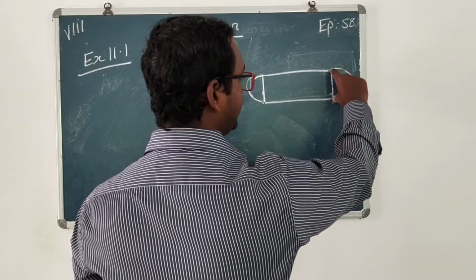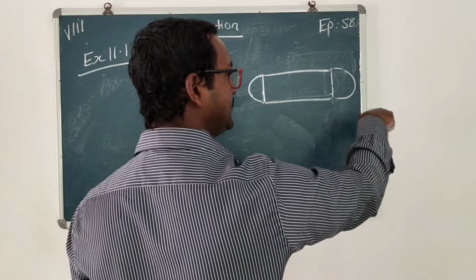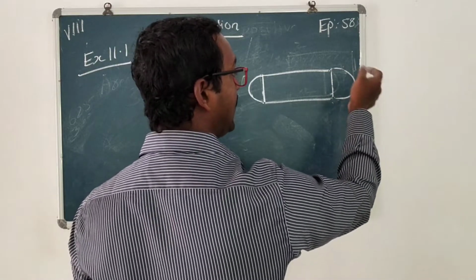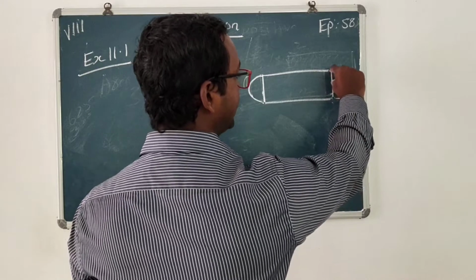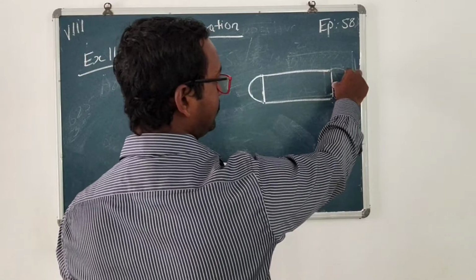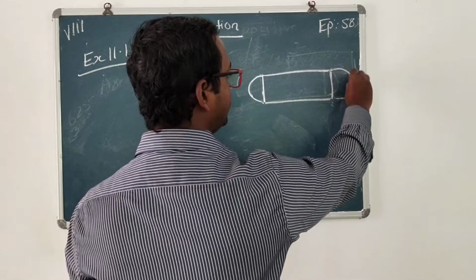So this is how it is drawn. Keeping the protractor here, if you draw like this, we will get this figure.